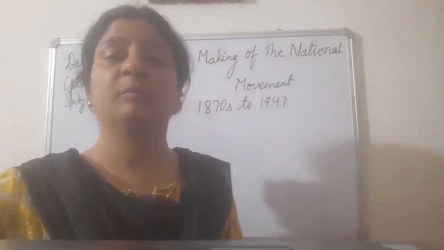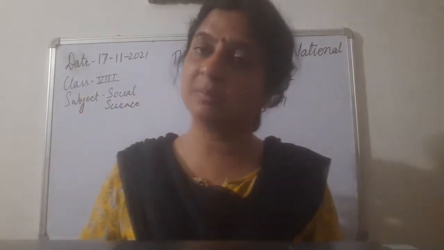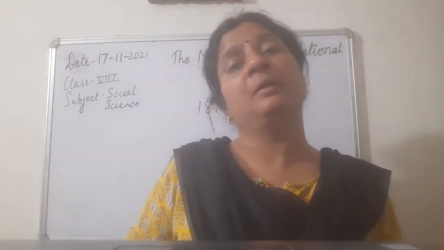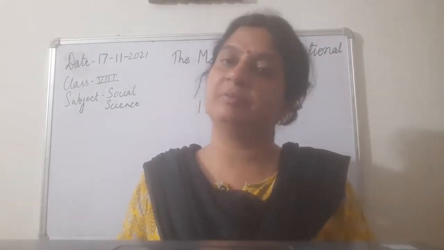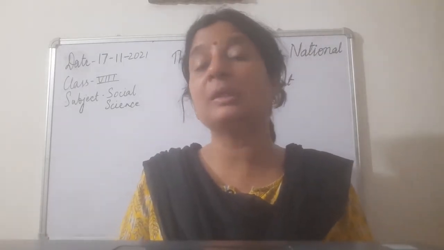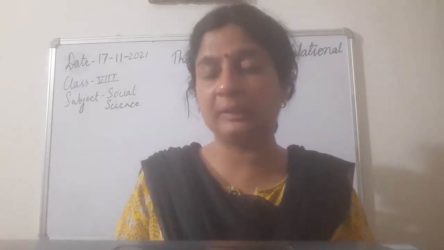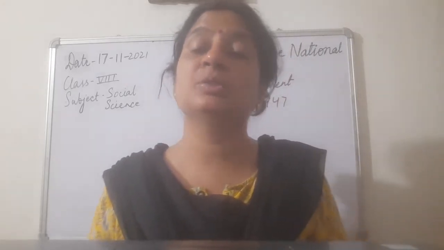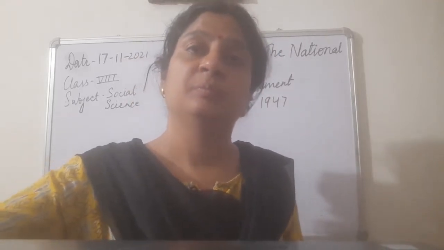After that, the Indigo Commission was established by the British government, and then indigo cultivation was stopped in Bengal. Then it shifted to Bihar. It was not ended, but it only shifted from one place to another. So the peasants were also unhappy with this British rule.